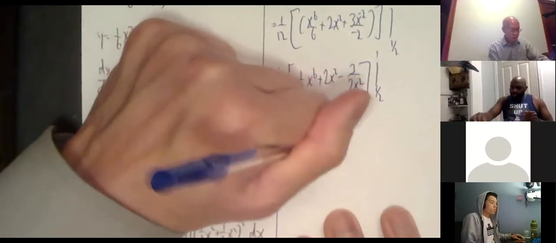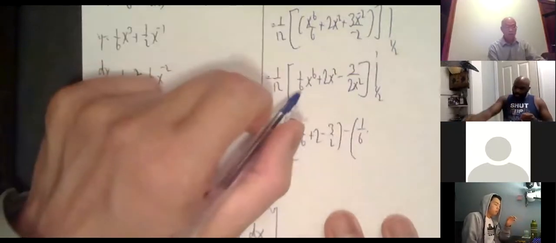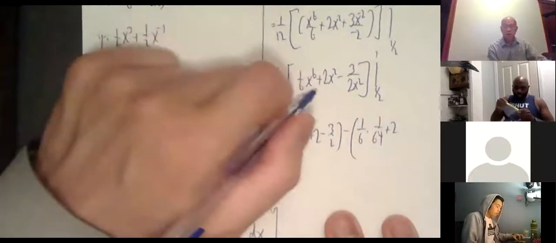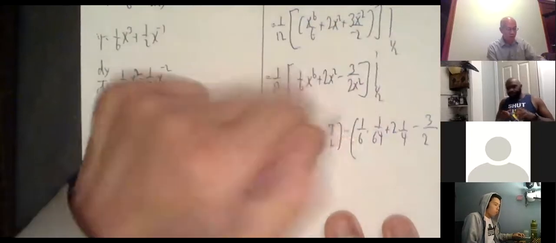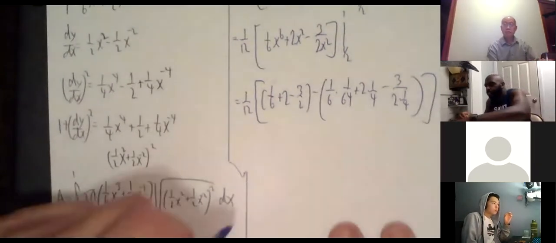Okay, plug in 1. 1/6 plus 2 minus 3/2. That's not so bad. The 1/2 is pretty bad. So 1/6 times 1/2 to the 6th is 1 over 64. Plus 2 times 1/2 squared is 1/4. Minus 3 over 2 times 1/4. Now it's really just arithmetic, but real messy.